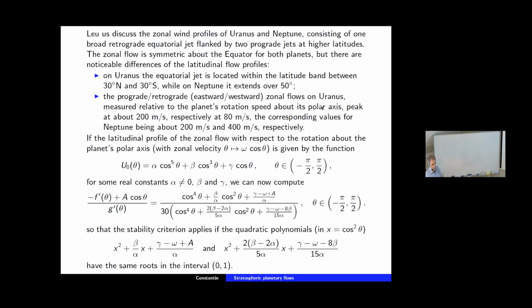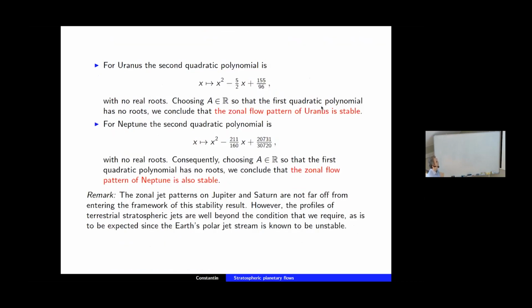You have a ratio, and there is a choice of a constant that I can make accordingly to prove that both zonal flow patterns are stable. Unfortunately, this doesn't work for Jupiter and Saturn. It's not a big difference, but it doesn't work. It's impossible to make it work.